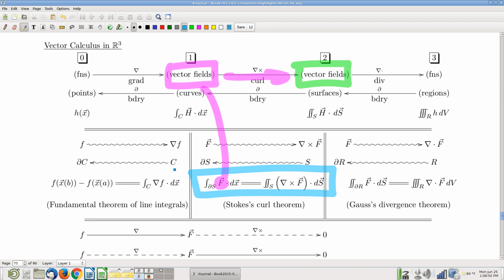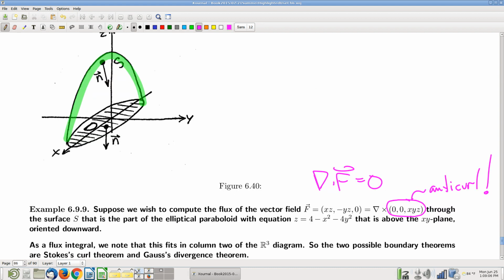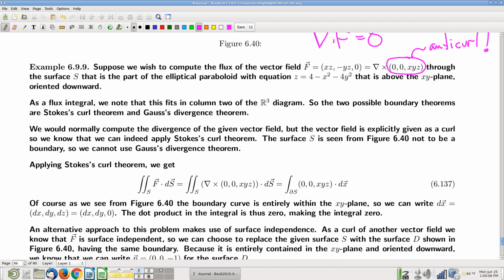So option 1, I'm going to call it, is you can take your surface, look at the boundary curve, and then do a line integral over that boundary curve of the anti-curl field. That works out really nicely algebraically, and here's the algebra. There's Stokes' curl theorem. Line integral of the anti-curl, and the integral ends up being 0. I'll let you read through the mechanics of that.